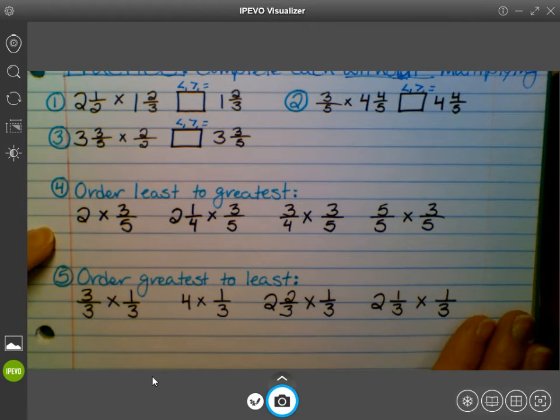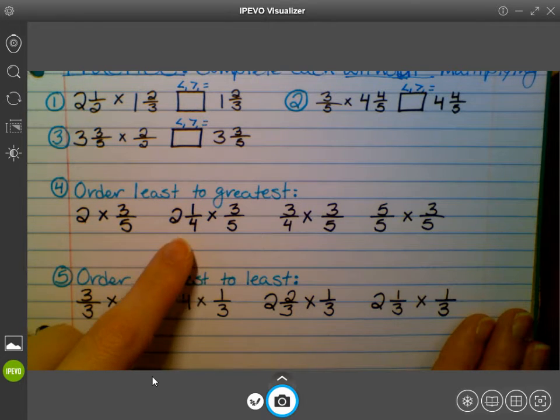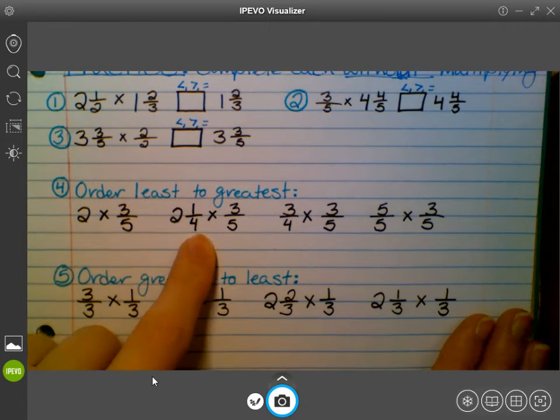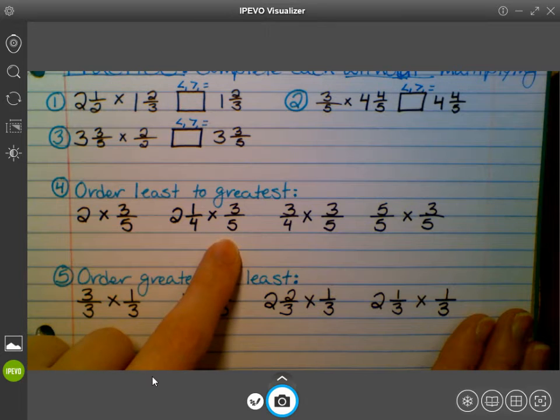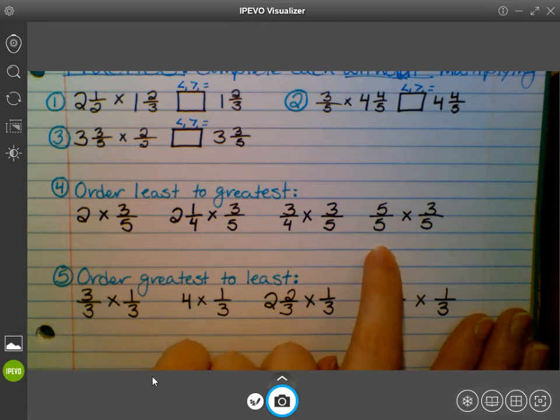And then number 4, ordering least to greatest, we have 2 times 3/5, 2 1/4 times 3/5, 3/4 times 3/5, and 5/5 times 3/5.